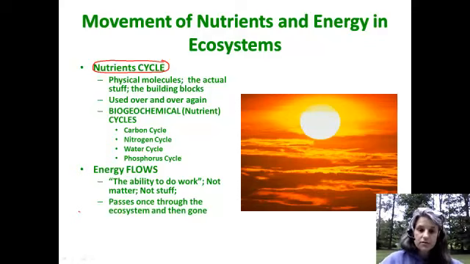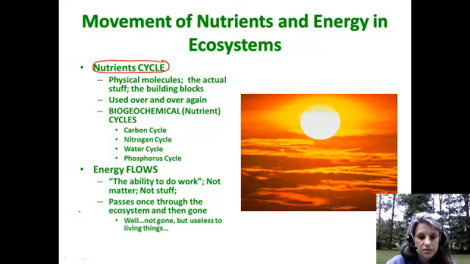Energy passes through an ecosystem. Once it is used, it's gone. Once this light is captured by a plant, it is converted to chemical energy and so on, but it's gone. We can't recapture that energy. It flows through the ecosystem. Or let's rephrase.